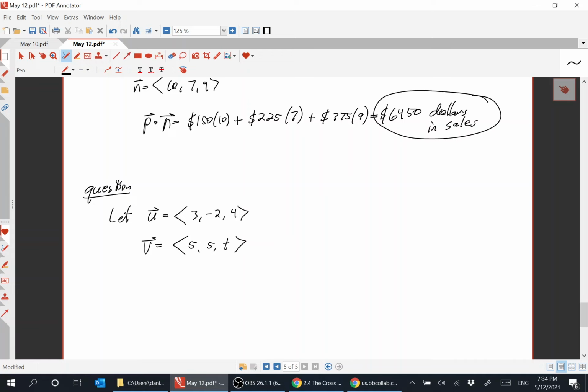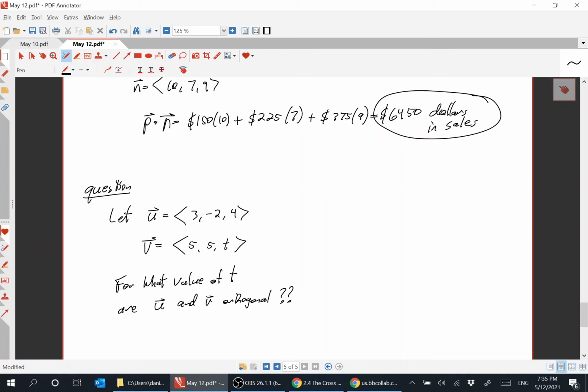For what value of t are u and v orthogonal? I've got these two vectors here, and I'm asking what value of t would make them orthogonal. Will we necessarily get an answer, and will that answer be unique?